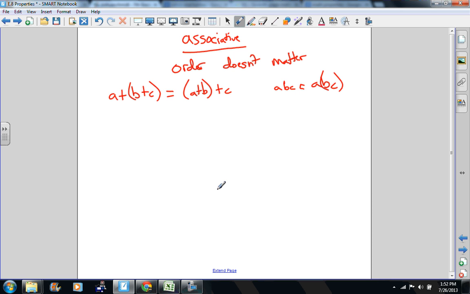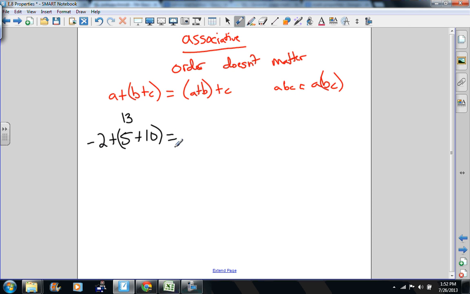Okay? The next property is the associative property, which means order doesn't matter. So we have here A plus B plus C, with parentheses drawn around the B and the C, and it equals A plus B plus C, except the parentheses have moved. What that means is, if you have 3 numbers, I'm just going to pick negative 2 plus 5 plus 10. If I add the 5 and the 10 first, which gives me 15, negative 2 plus 15 is 13.